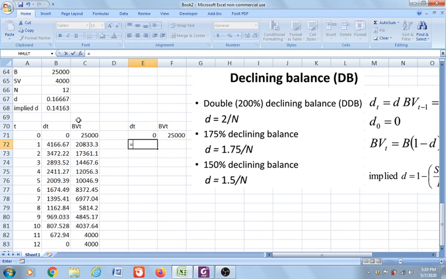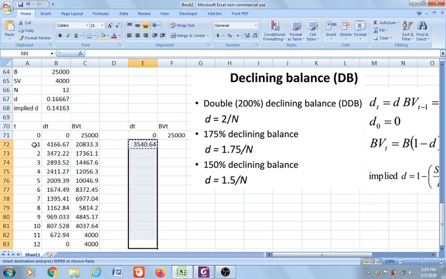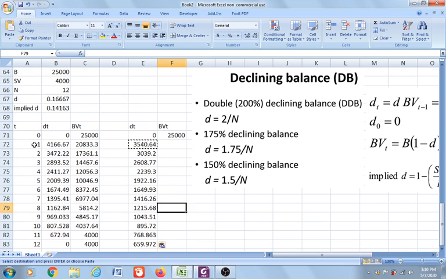DT is the implied D times B times (1 minus the implied D) to the power of T minus 1. Now we copy everything down, and we calculate the book value for each year.